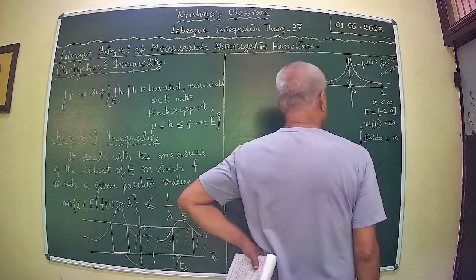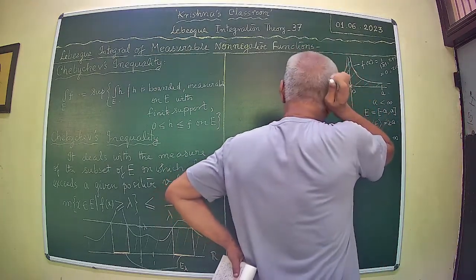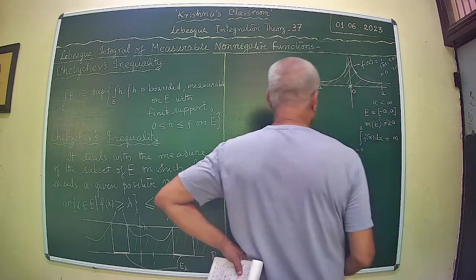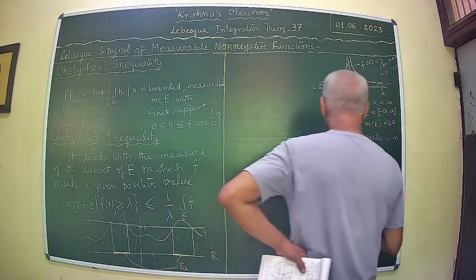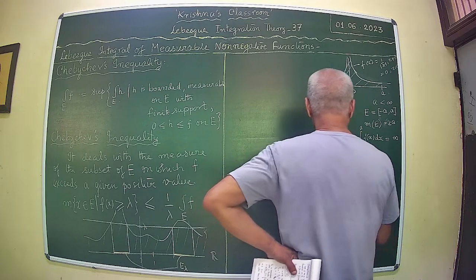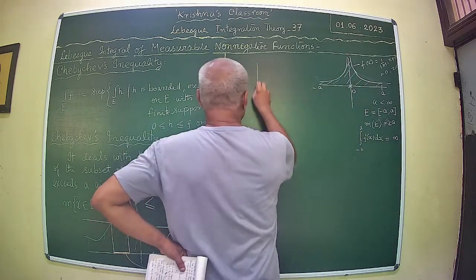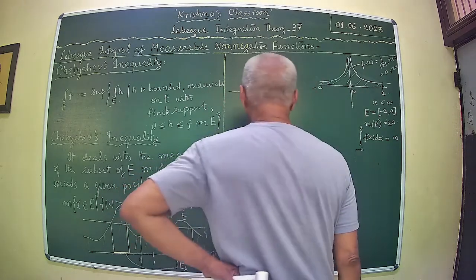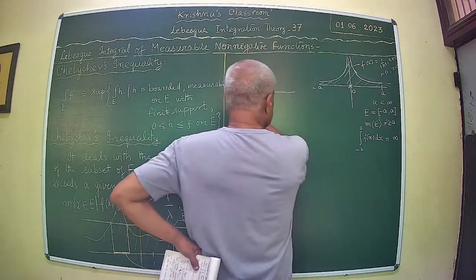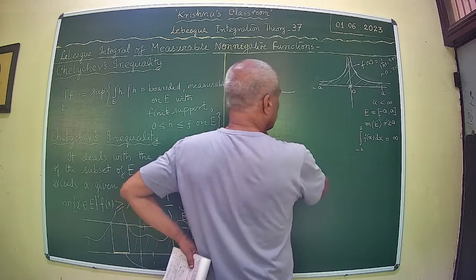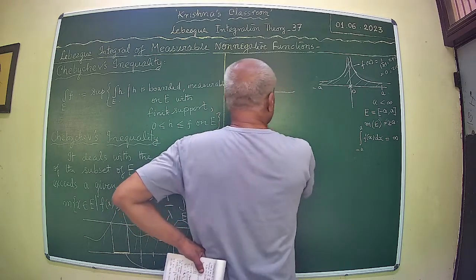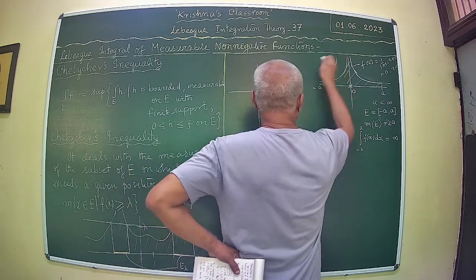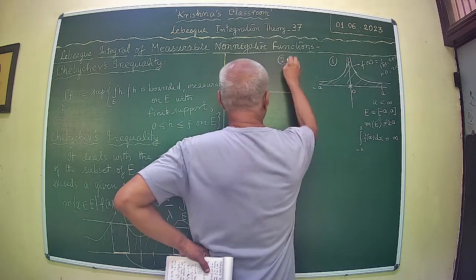Now the second scenario is that you have a function something like this. So E is the whole interval minus infinity to plus infinity. So this is the first scenario. Second scenario.